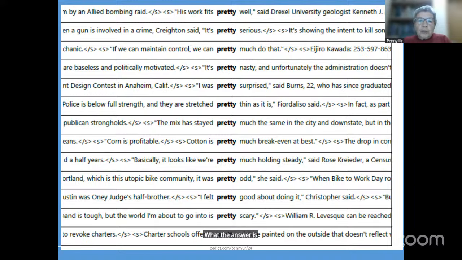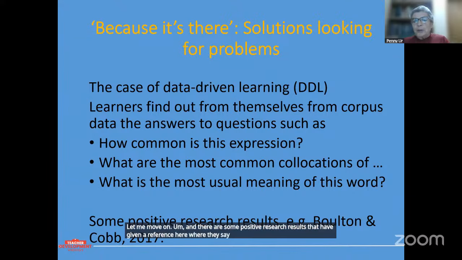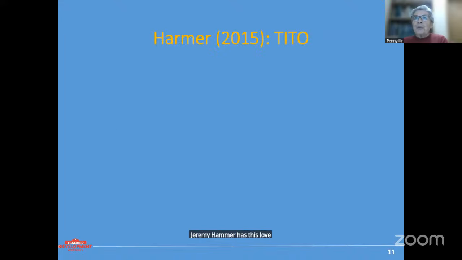But the question is, let me move on. There are some positive research results. I've given a reference here where they say this works really well and the students really like it and they learn well from it, but how much time does it take to do? Jeremy Harmer has this lovely acronym TITO, time in, time out.